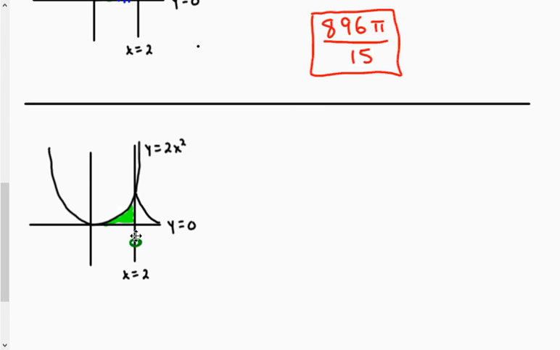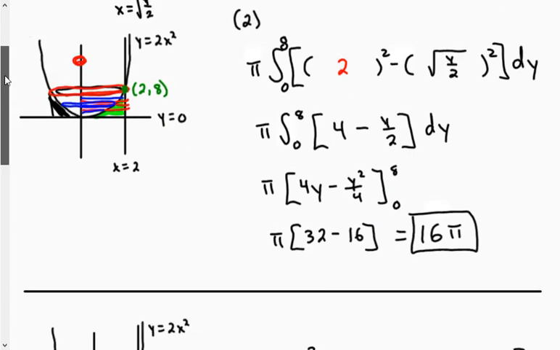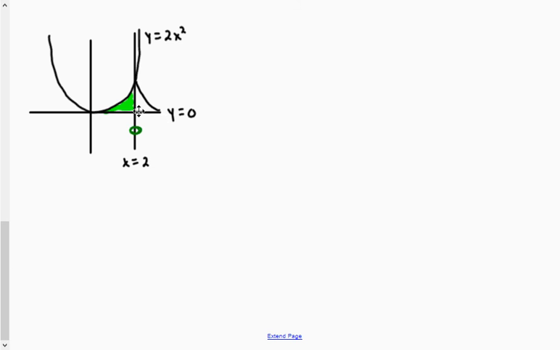So we don't have to do, let's see, line x equals 2. We're flush to the axis of revolution, so we don't have to subtract anything out. So we can do discs. This is a vertical line, so we got to do it in terms of y.